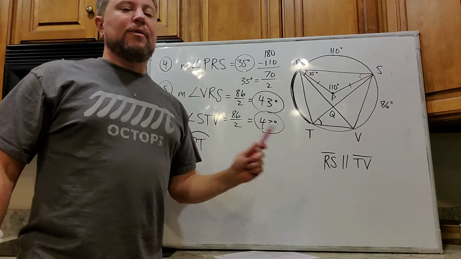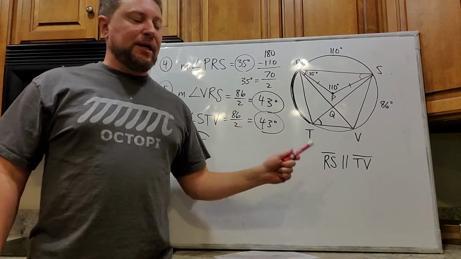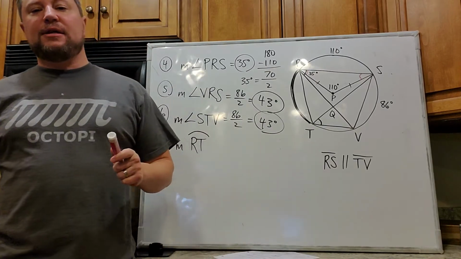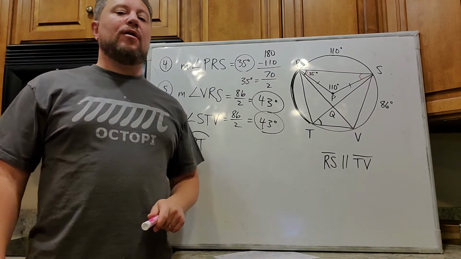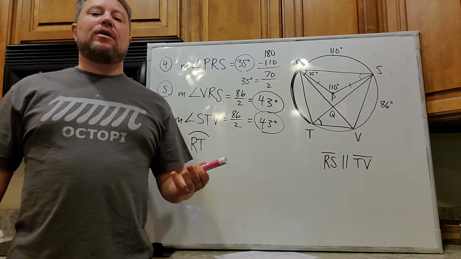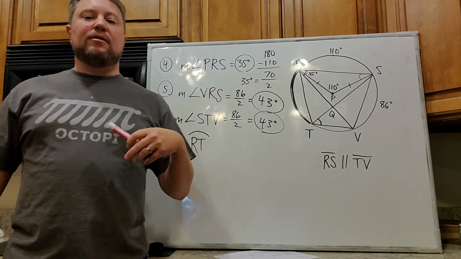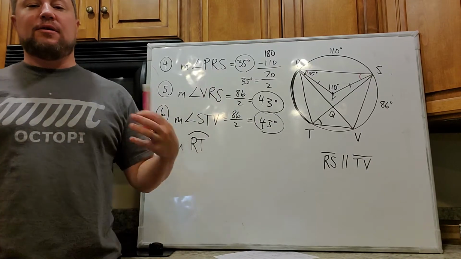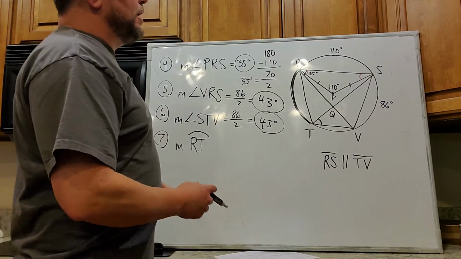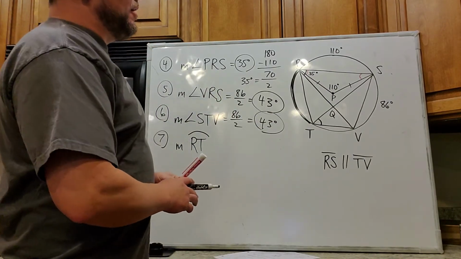Now, if you remember right, we had a whole chapter back in chapter 3 that dealt with parallel lines and transversals that cross them. And we learned about all kinds of matching angles, like corresponding angles and alternate exteriors and alternate interiors. Okay, well, we're going to utilize that here.